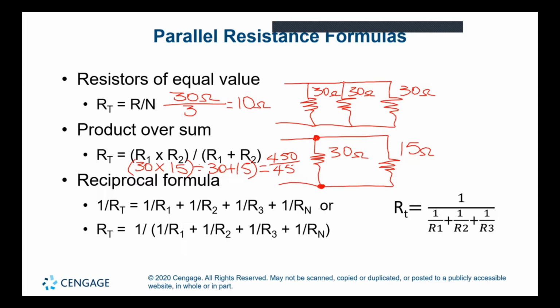In other words, we have 450 divided by 45, which is going to give us RT equal to 10 ohms as well.